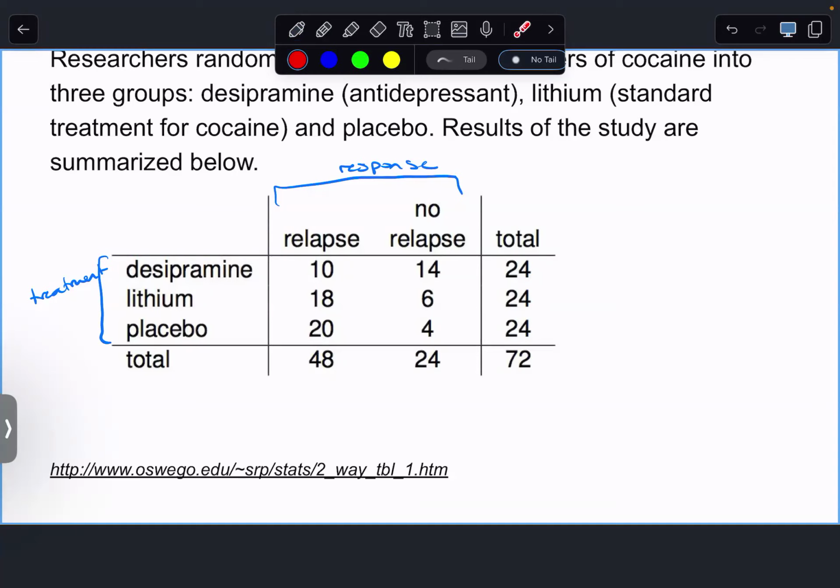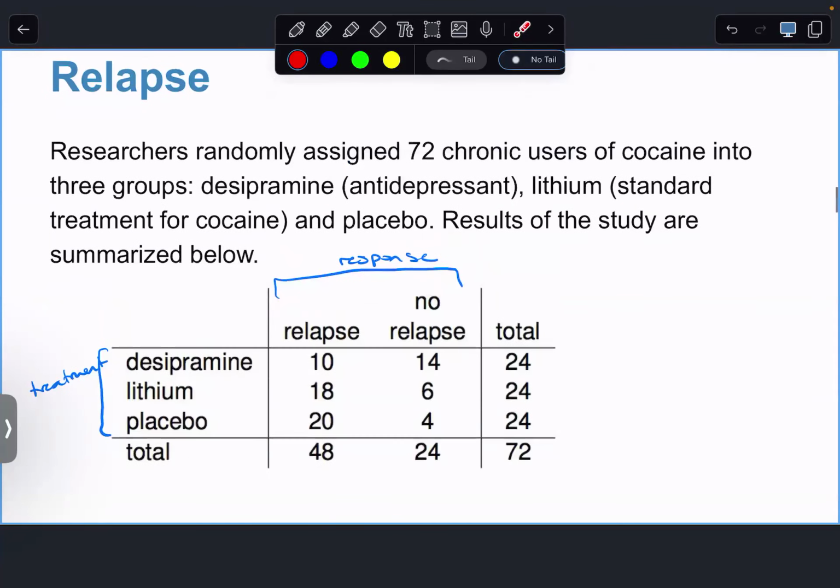Usually it's double blind, so they don't know. But so we've got the 3 treatments, and then whether this patient relapsed probably within some amount of time, relapse yes or relapse no.